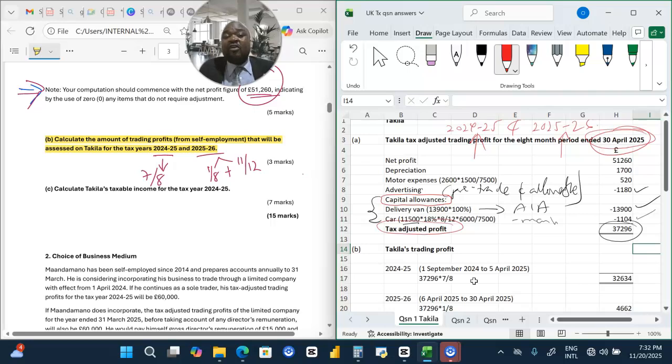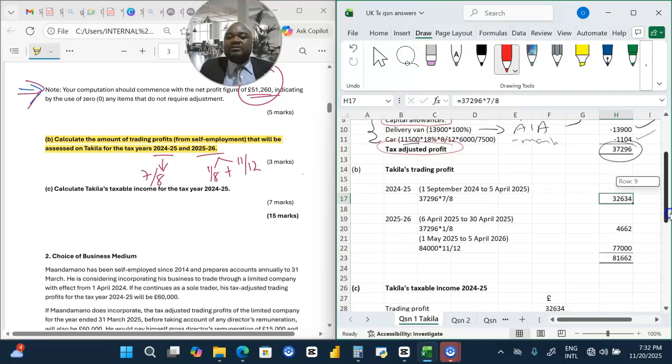So 7 over how many months in trade? Over 8 months. So 7 over 8 were applicable, multiplied by the tax adjusted profit. And this is the formula we are looking at. Is that clear, ladies and gentlemen? Good. And our answer became 32,634. And we earn our 1 mark.